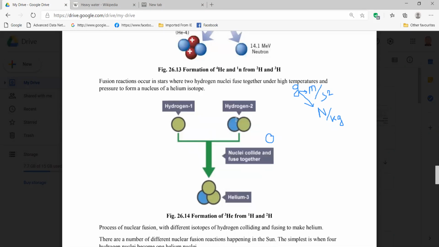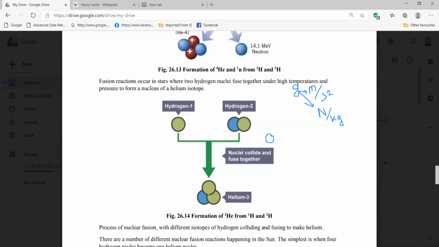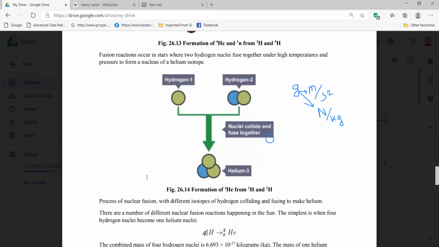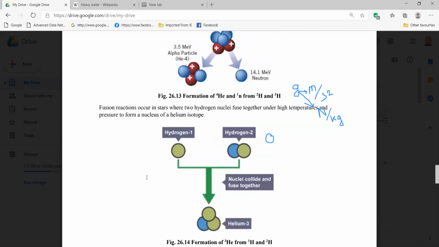One proton, and one proton and one neutron, and here no neutron. So they are combining, making two protons and one neutron, and we are getting helium-3. It is one of the isotopes of helium. So fusion can be these two types. Is it clear?